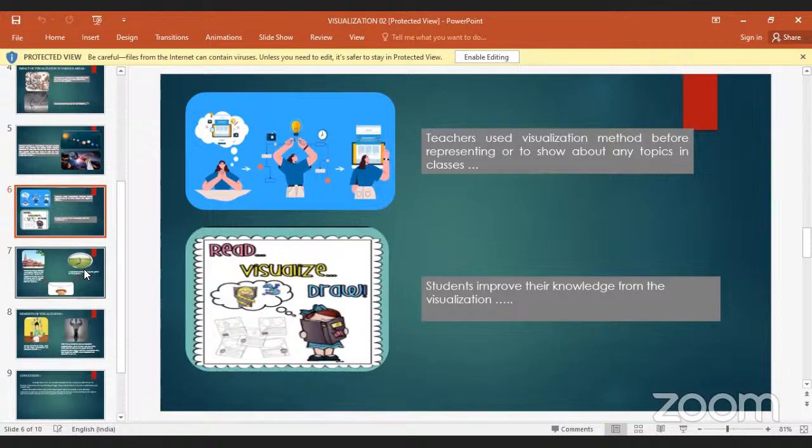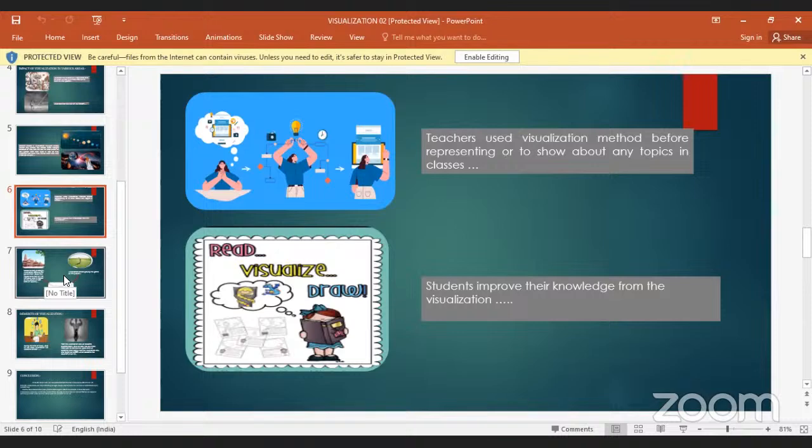For example, in a physics chapter on how we generate electricity, she visualized how we connect the wires, then the bulb glows, and in what style she will represent it in front of all the students.